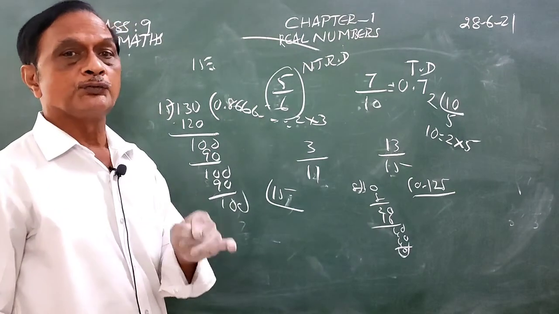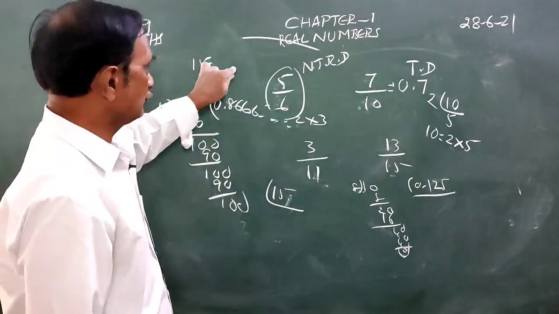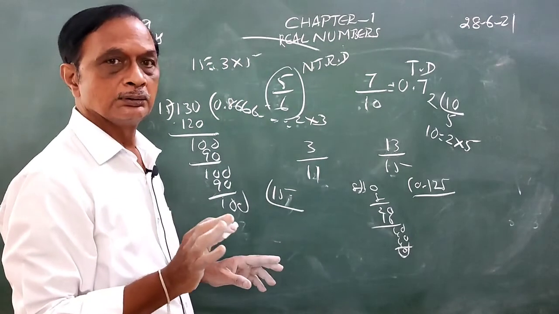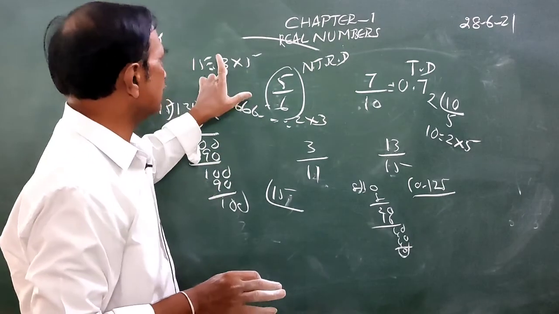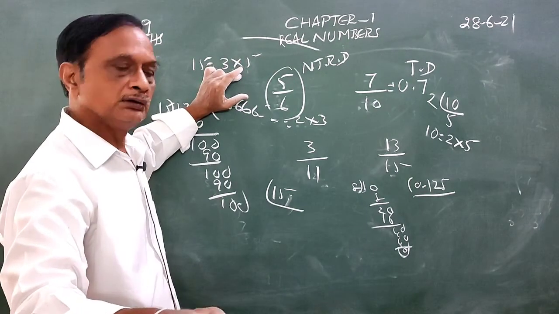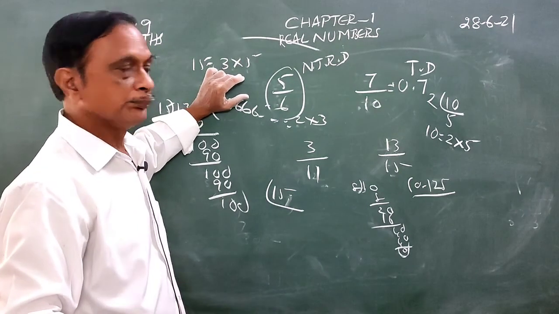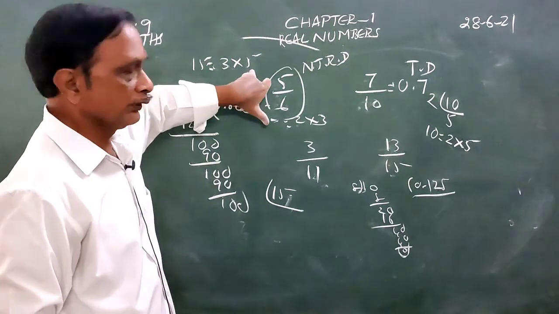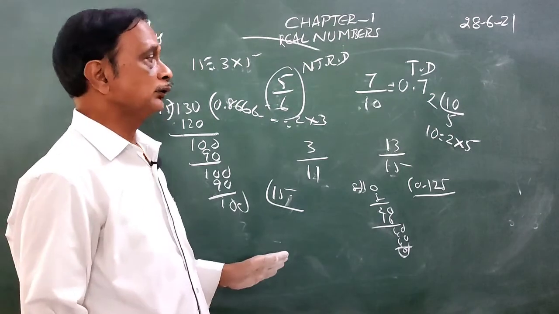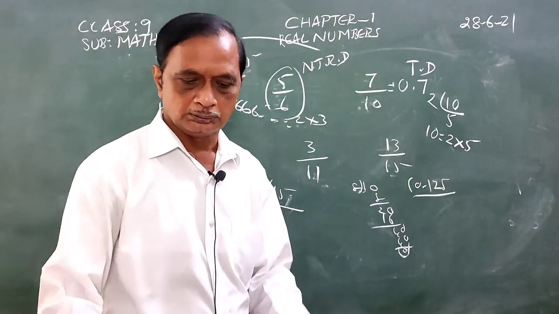You should not write 1 into 15. Those two factors should be prime numbers. 3 into 5. Yes. So in addition to 5, it contains some other factor. What is that? 3. If it contains 5 only as prime factor, then we say that it is a terminating decimal. But it contains 3 in addition to 5. Therefore, it represents a non-terminating repeating decimal.